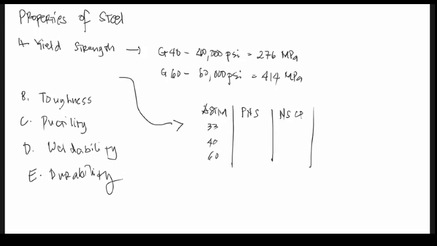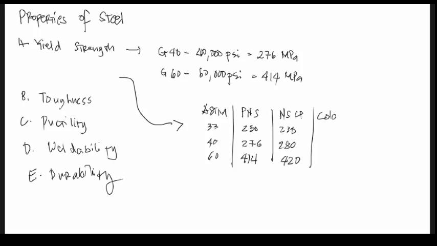Sa PNS, sa NSCP is we have 230 MPa. Dito is 276. Pero sa NSCP, nagiging 280 ito. Sa design, ha? This is 280 when you're designing. Ito is 414. Ito is 420 yung ginagamit sa NSCP.